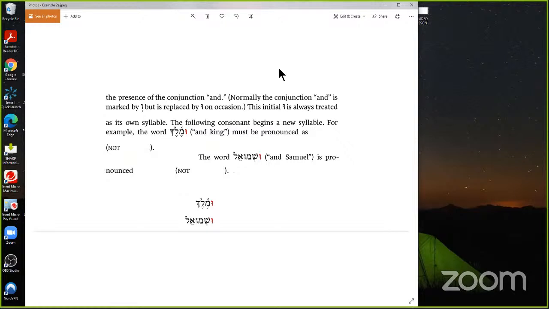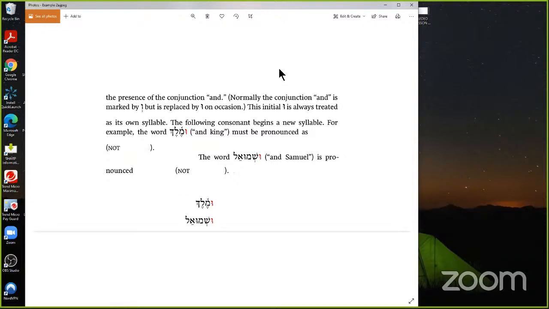Where are we at? Anyone? So the question becomes, when you have a schwa there, or the shva, normally, what happens with the shva if it's under a second letter? It pauses in the syllable, right? And so normally the second schwa there, if it's not on the first one, remember the first one is a vocal schwa, the second one is not a vocal schwa.